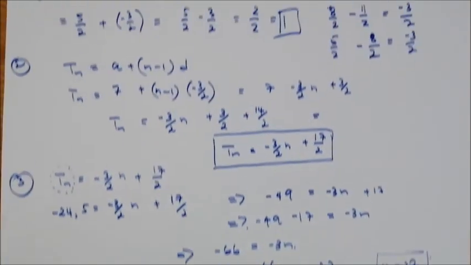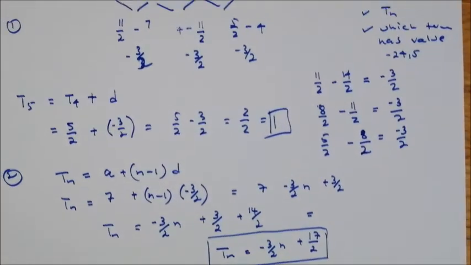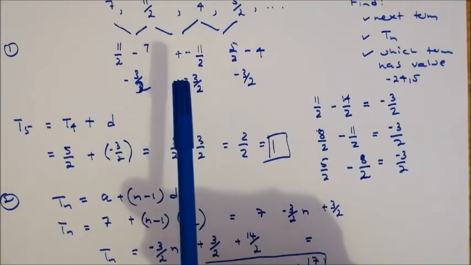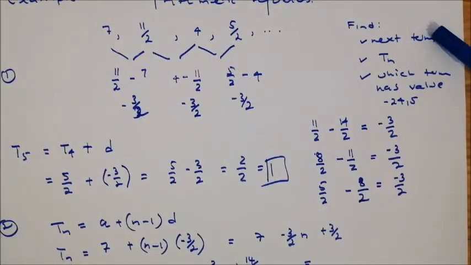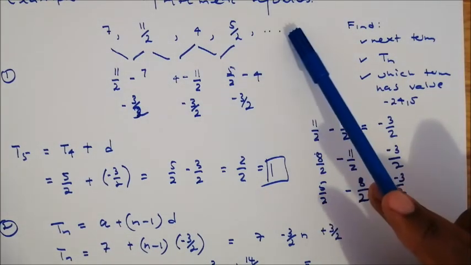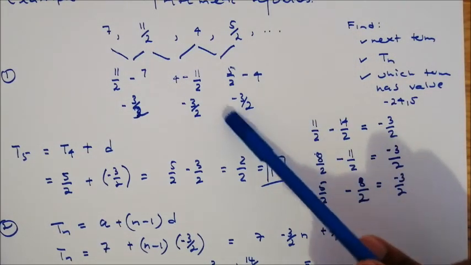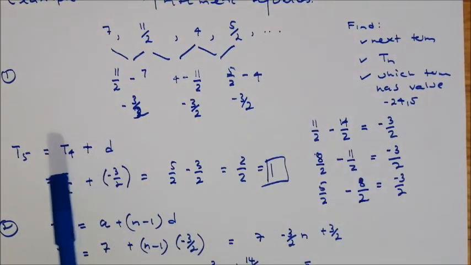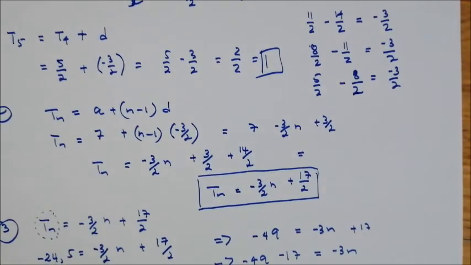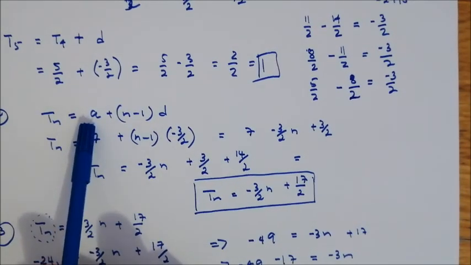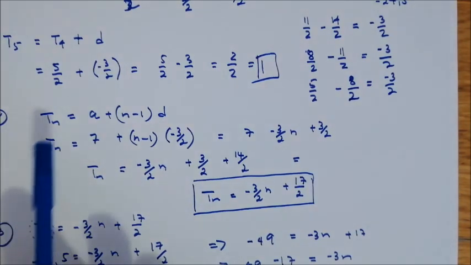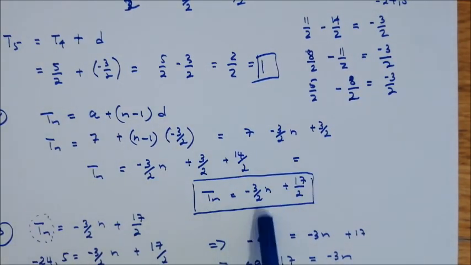To just summarize, guys, we're given a sequence, and we know that this is an arithmetic sequence, and then we're asked to find the next term. We know that to get the next term, we have to add a constant value to the previous term. So we added this value to this term to get the fifth term. Then finding Tn, we need to have a, which is the first term, and the constant difference. Then we found those values, then this is our Tn.